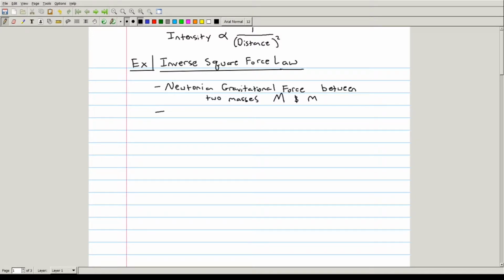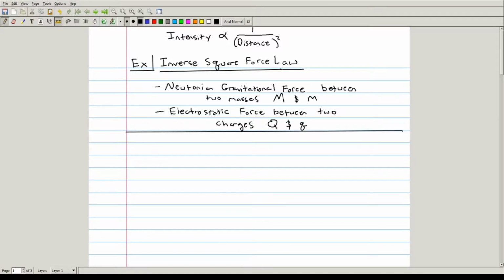Another time we see the inverse square force law is with the electrostatic force between two charges, which we can call capital Q and lowercase q.